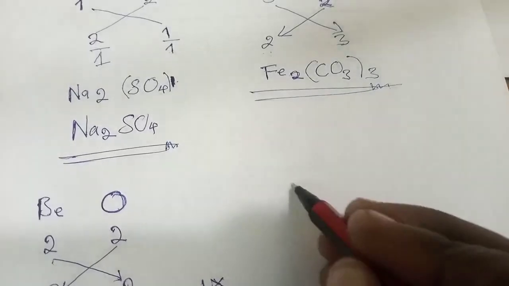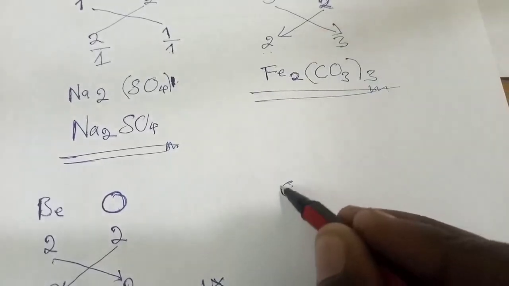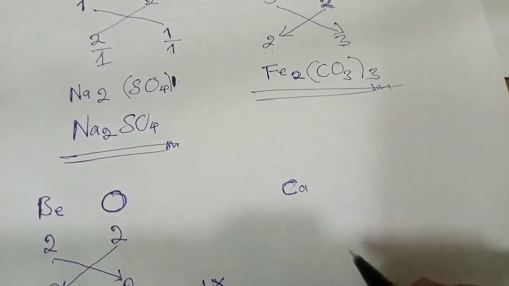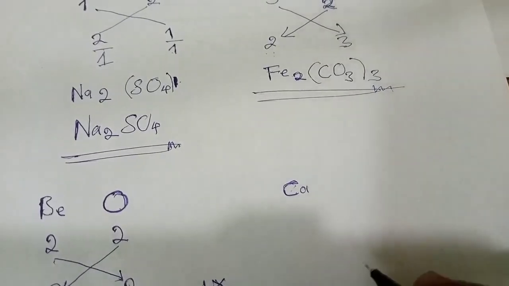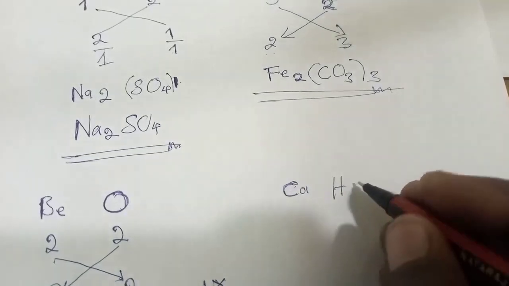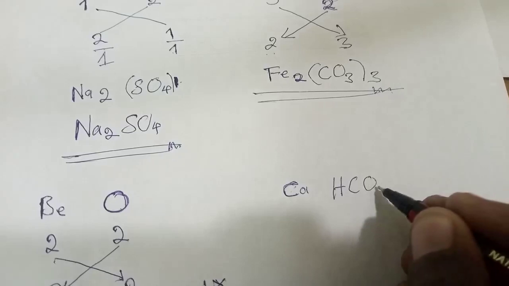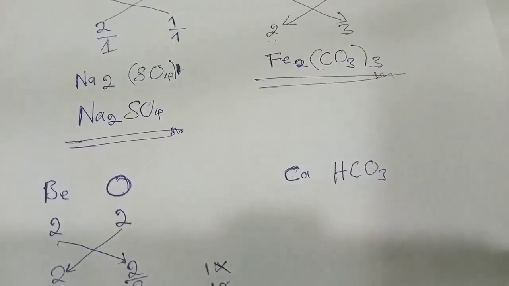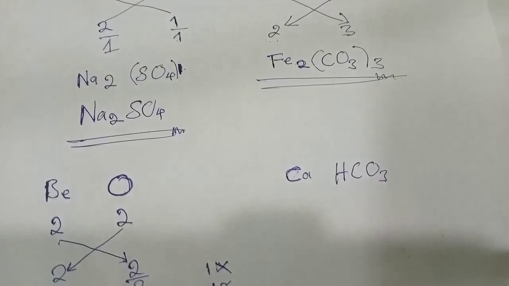Okay, so this is the symbol for calcium. It's just Ca, capital C, small letter a, like that. Then hydrogen carbonate, like that, as simple as that. You should know this radical.